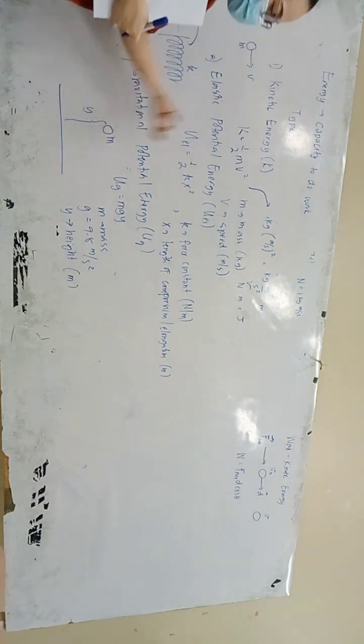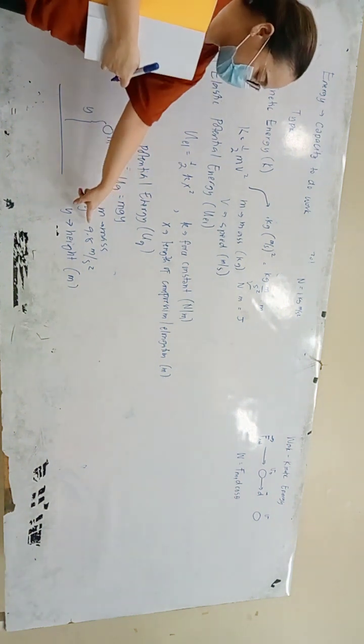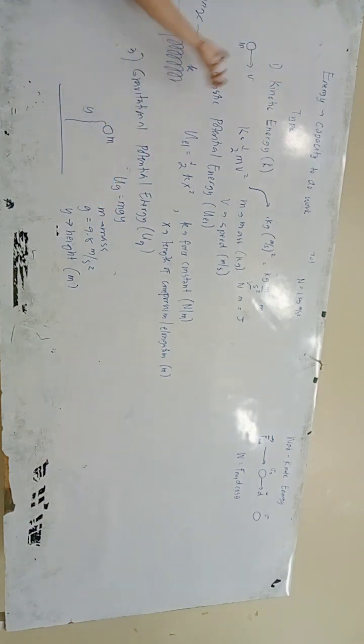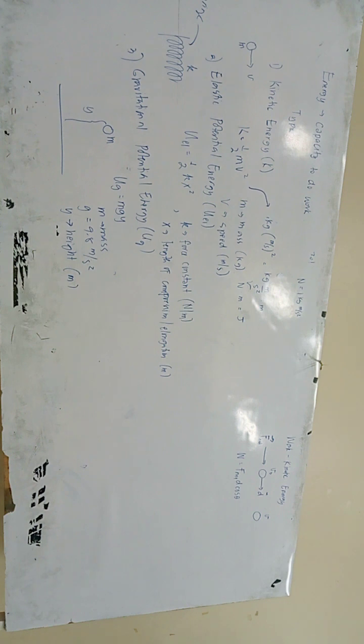It is equivalent to the mass of the object times the acceleration due to gravity, 9.8 meter per second squared, times the height of the object from our reference point, which is the ground. So if the object is at 1 meter from the ground and has a mass of 1 kilogram, then 1 kilogram times 9.8 times 1 meter gives 9.8 joule of stored energy, which later on can be converted into other forms of energy.